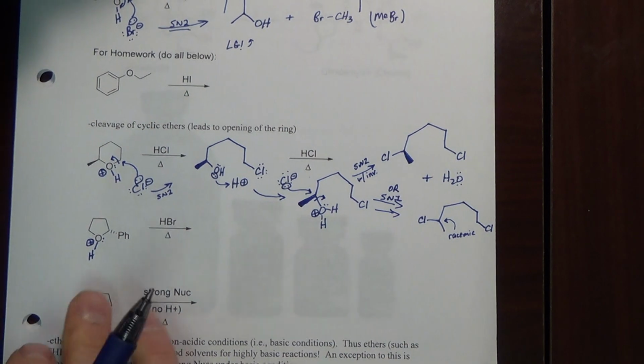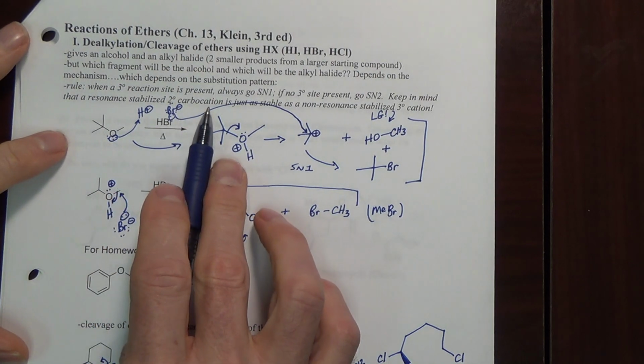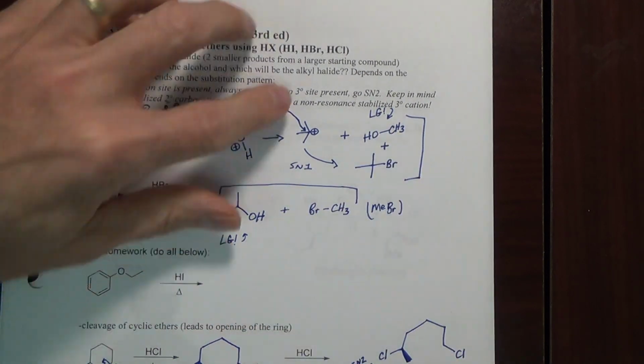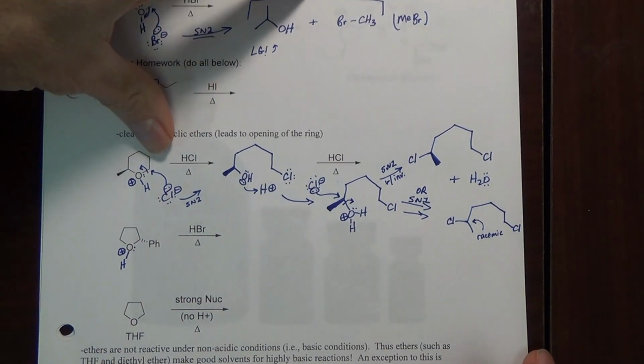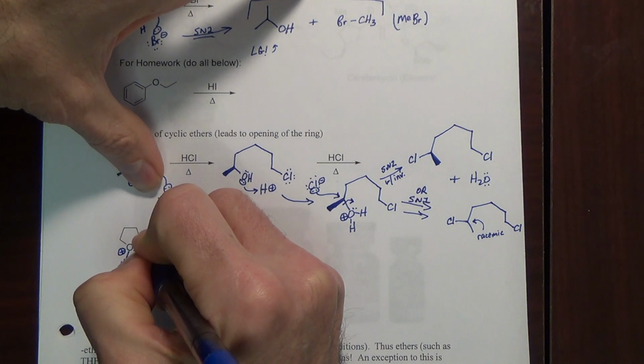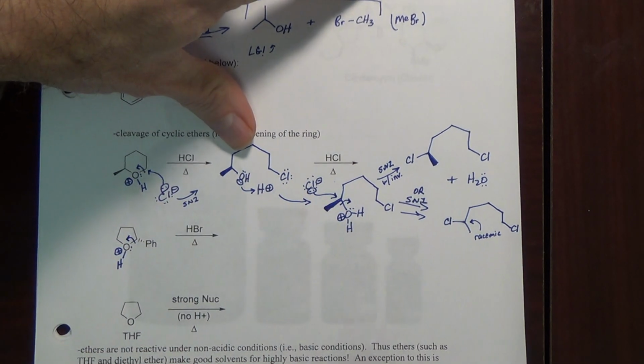But this is where I said keep in mind that a resonance stabilized secondary carbocation is just as stable as a non-resonance stabilized tertiary. And down here, I would probably expect this to go SN1, this to leave.